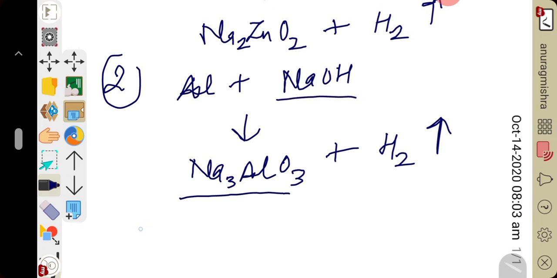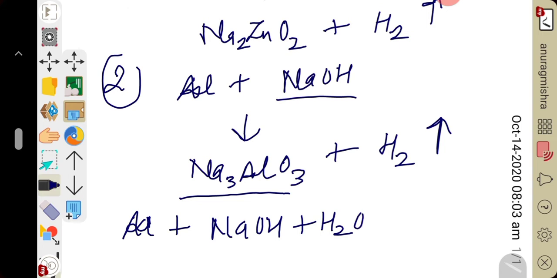When we take dilute sodium hydroxide, aluminium undergoes reaction with dilute sodium hydroxide to form sodium metaaluminate, NaAlO2, plus hydrogen gas liberates.